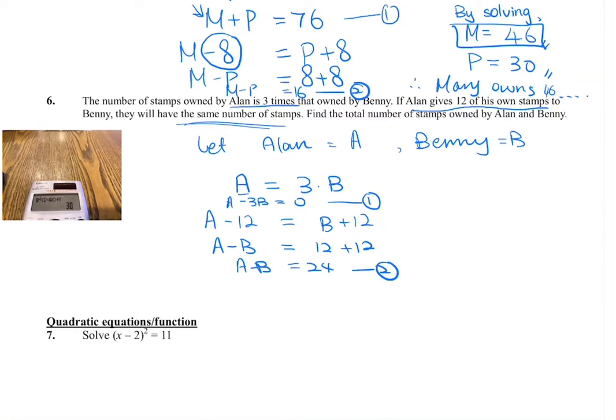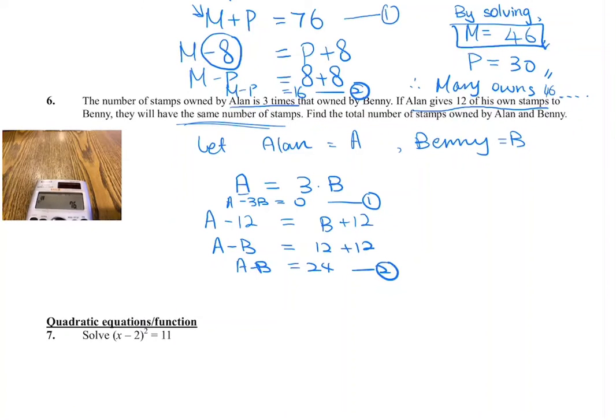And when you have both equations, remember to click AC, click your program again, and then just input the data. We have the first one, we have 1, so I put in 1. And then we have a -3, so I input -3.